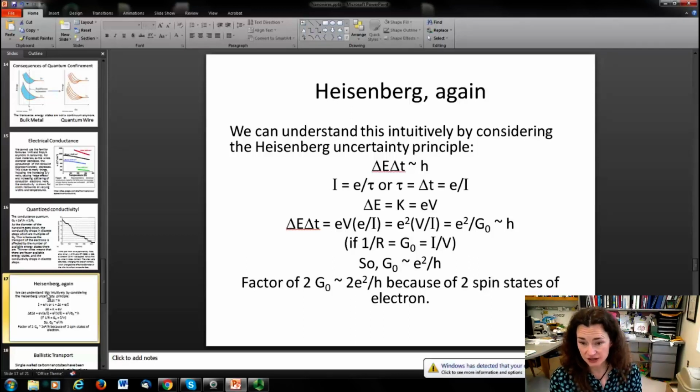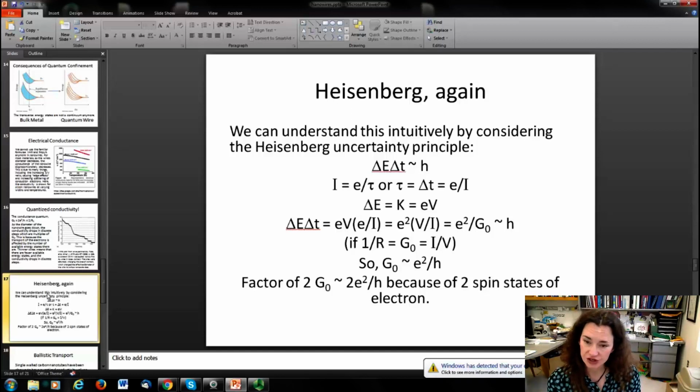Now your conductance is going to be inversely proportional to your resistance. Using V equals IR, 1 over R would be equal to G naught, which would equal I over V. If you plug that back in, you get V over I equal to 1 over G naught. And so you have that delta E delta T is equal to e squared divided by G naught, which is approximately equal to Planck's constant h.